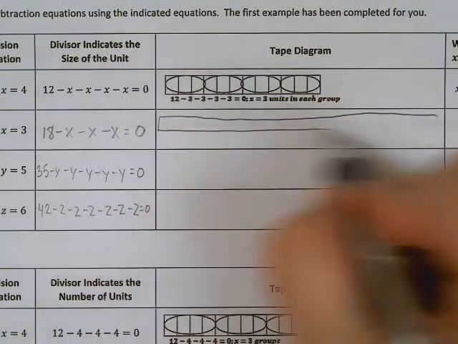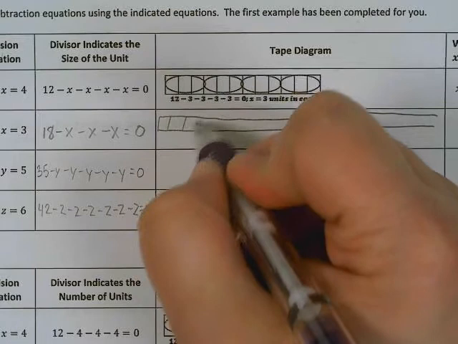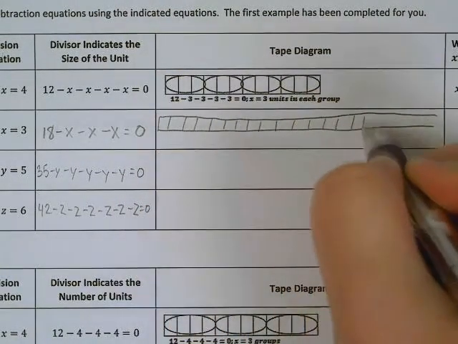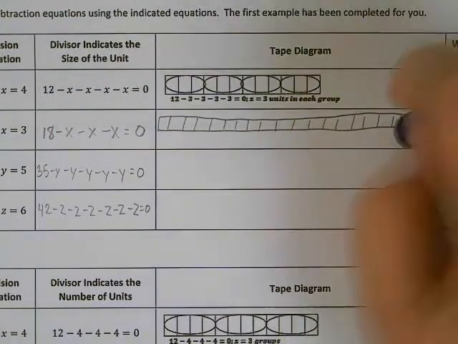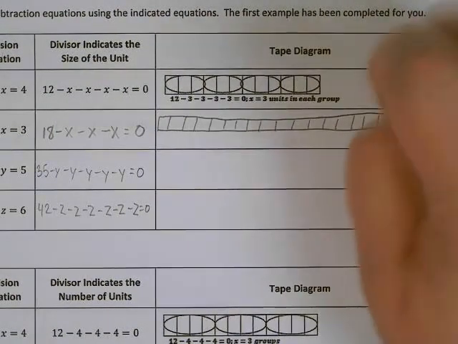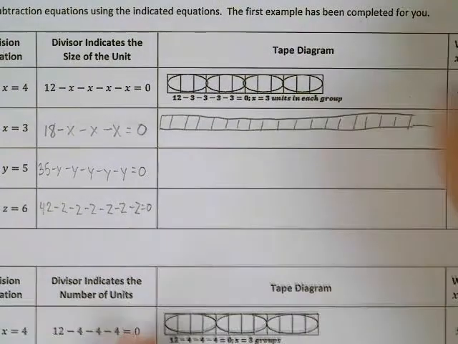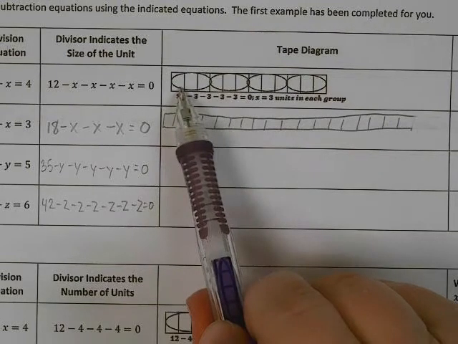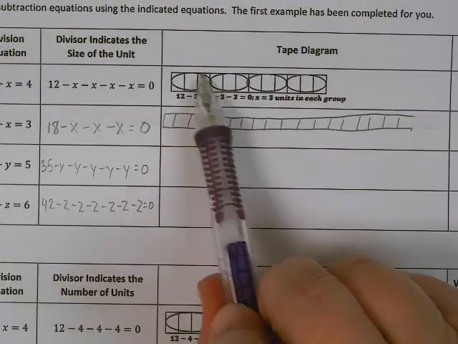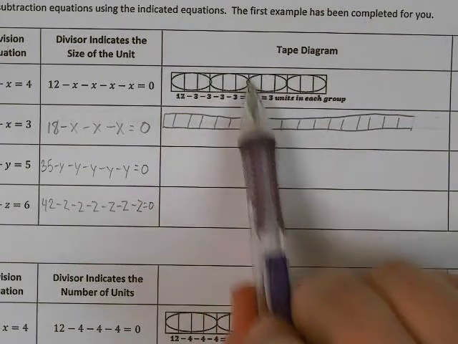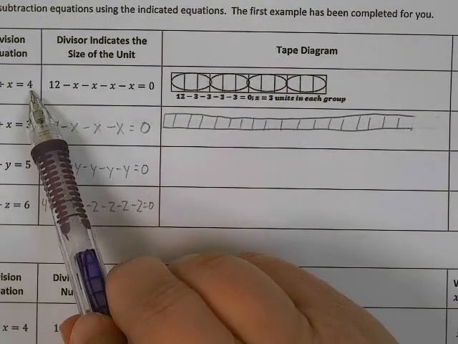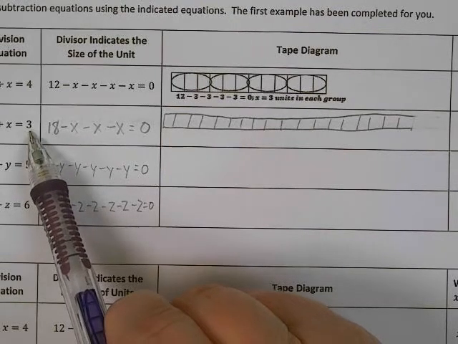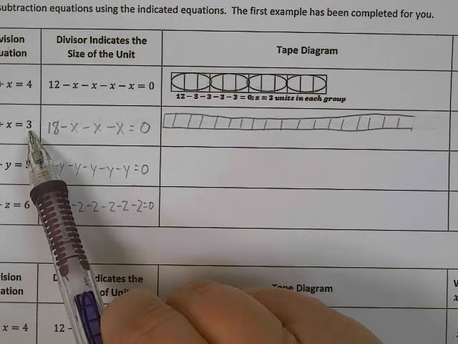Sorry, it's a little crooked. 1, 2, 3, 4, 5, 6, 7, 8, 9, 10, 11, 12, 13, 14, 15, 16, 17, 18. Just the size. And I can see in this one that it looks like they made 4 groups, which matches my answer. So this time I need to make 3 groups out of 18.